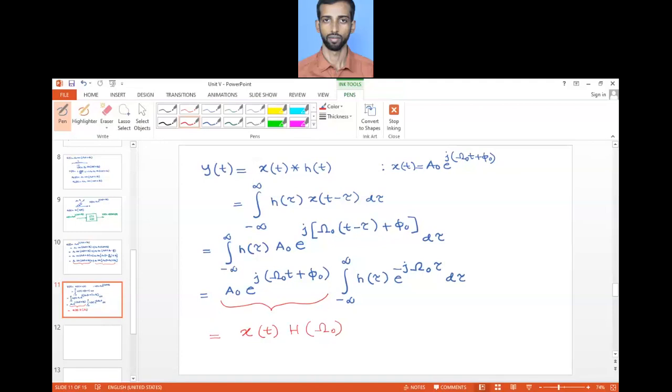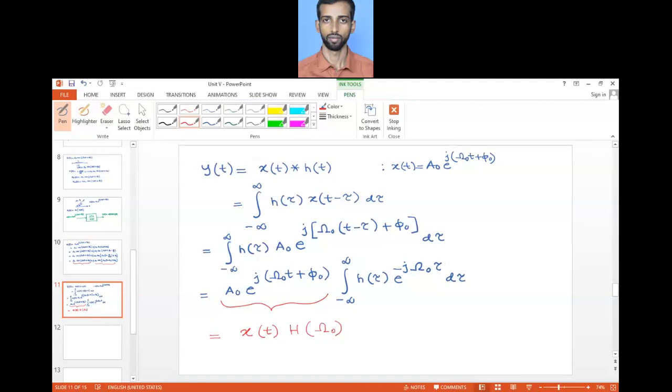The input signal that you have applied is a naught e to the power j omega naught t plus phi naught, the complex rotating phasor, and in response you are getting the same signal back along with the factor H of omega naught, which is a property of the system itself, because it involves h of tau.